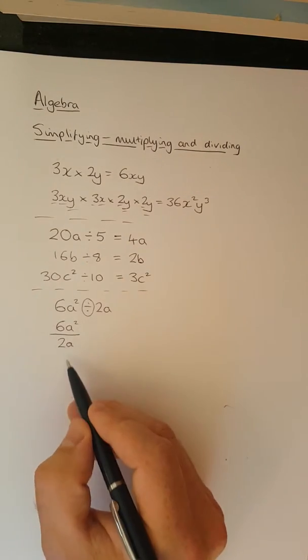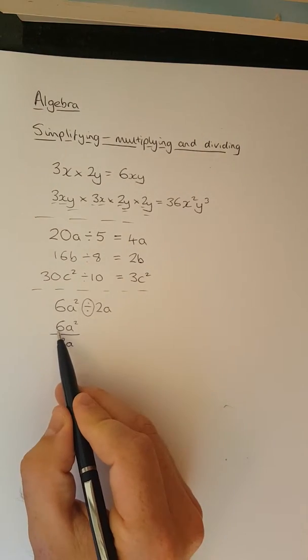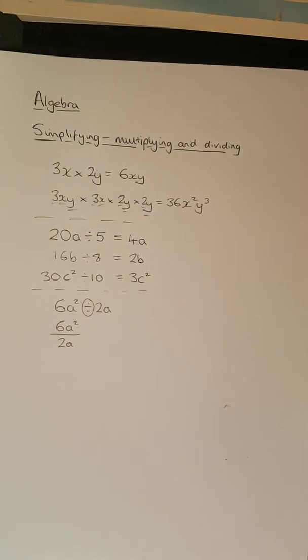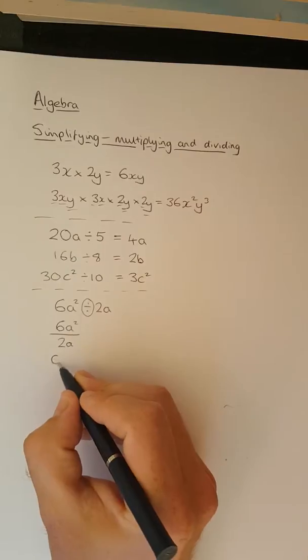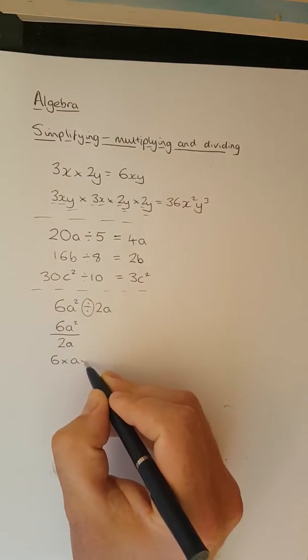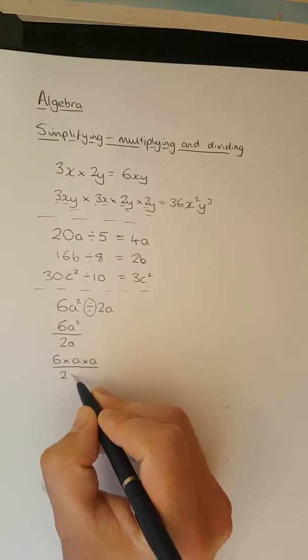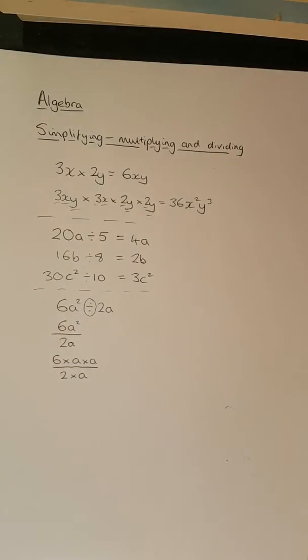I'm then going to write both parts out longhand, because this is 6 times a squared, and a squared is a times a. So that's 6 times a times a, divided by 2 times a.